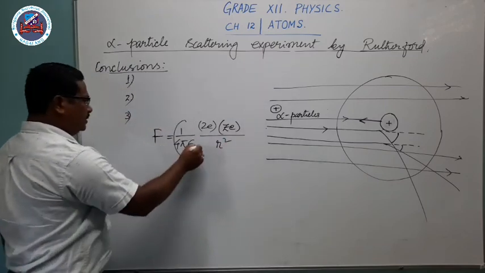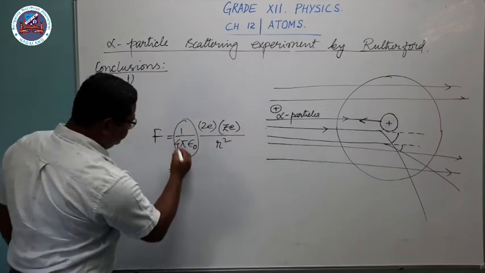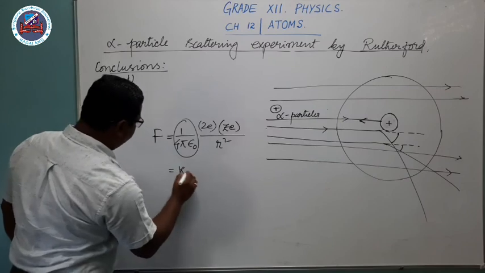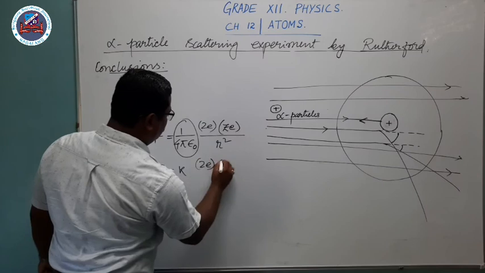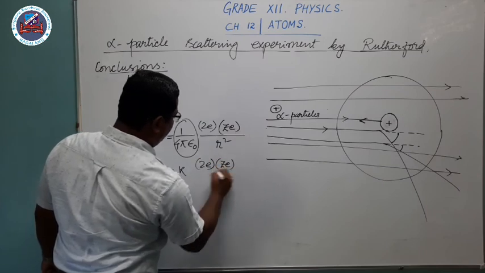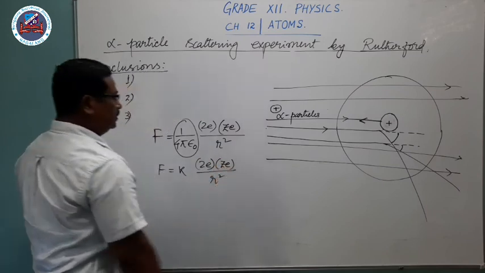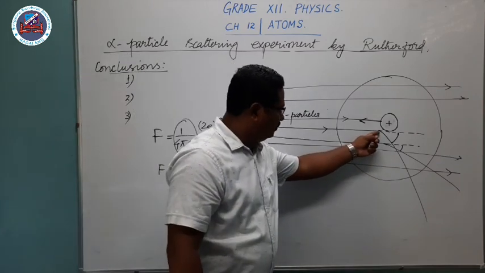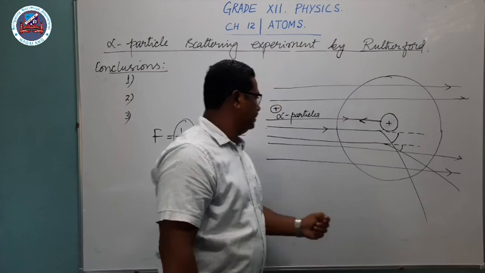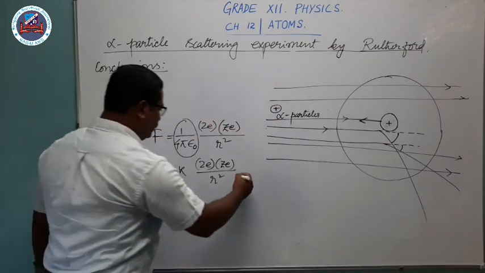Or if you write this with an electrical constant K, then you can write it as K times 2e into Ze divided by r squared, where r is the distance of the alpha particle from the nucleus. That gives us the force of repulsion.